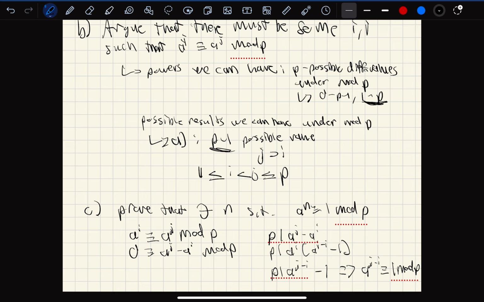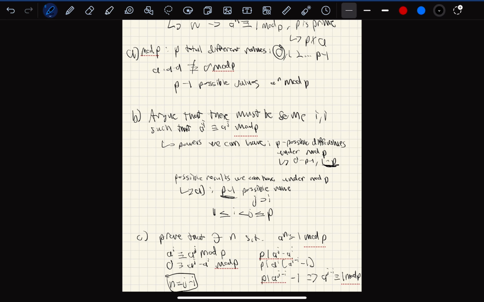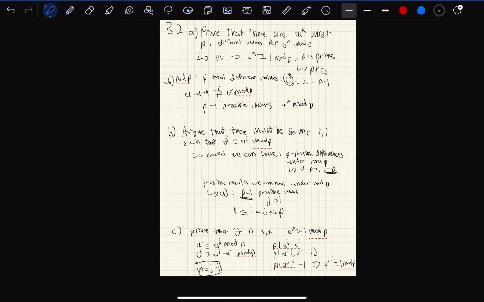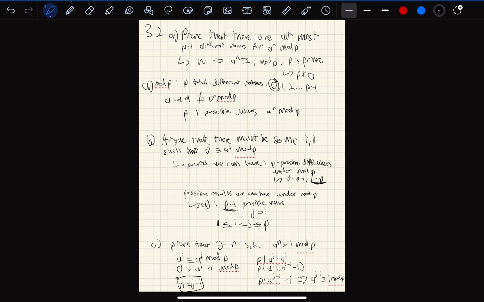And now we've proved that there is some n, where n is j minus i, that has a to the n being congruent to 1 mod p. That used what we had from B, which built off what we had from A. And that's the entirety of 3.2. See you next week.